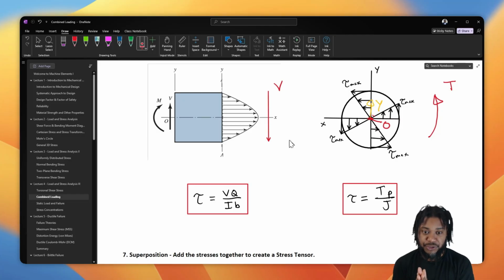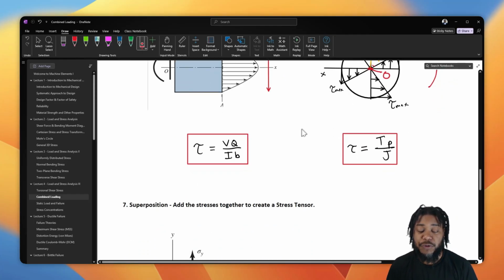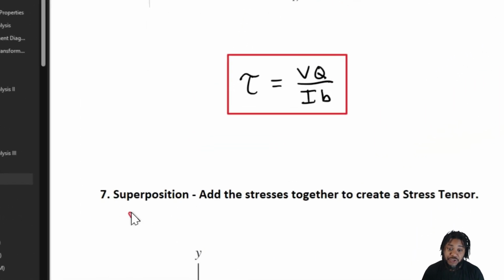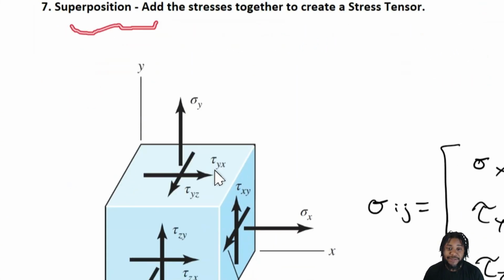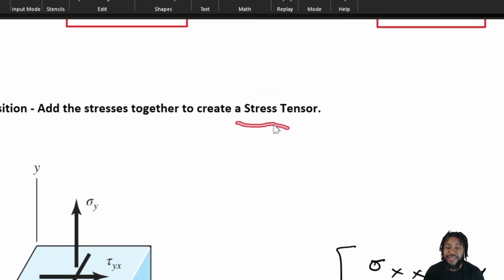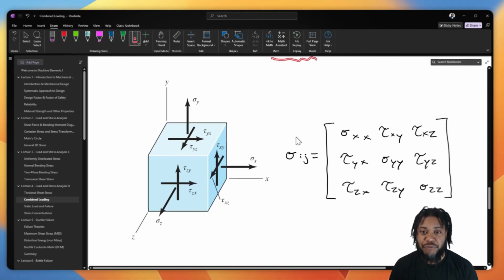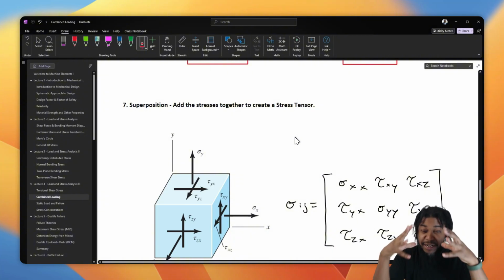Are the shear stresses that we develop creating a clockwise sense of motion or a counterclockwise sense of motion, right? So once we figured out our stress magnitudes and their senses, we then need to superimpose those stresses together in order to create a stress tensor, a representation of the state of stress at that critical location.